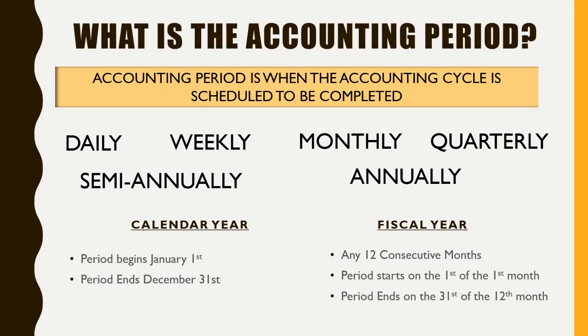For example, you can do it every day, every week, every month, every half of a year, every quarter, or every year. Okay? Now, it really depends on how many transactions you're going to be dealing with in each company, right?